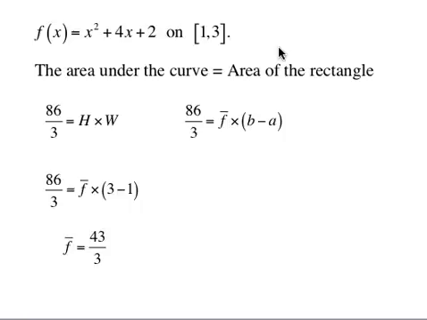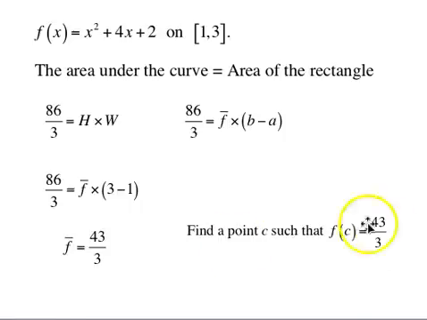So if I am going to find a value c on that interval, such that f of c equals 43 thirds, we're going to plug c into f of x. So f of c is 43 thirds. That'll be c squared plus 4c plus 2 is 43 thirds.